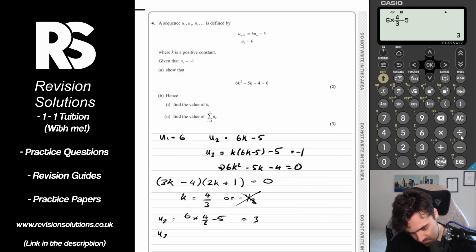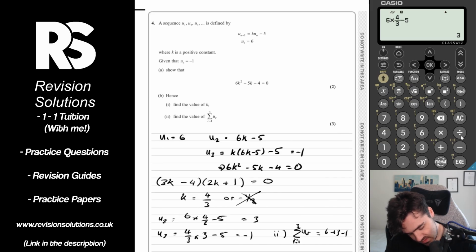Then u3 would be 4 over 3 times 3 minus 5. 4 over 3 times 3 gives us a 4, and then minus 5 gives us minus 1. So our sum of the first 3 terms is going to be 6 plus 3 minus 1. That's 9 minus 1, which is 8.